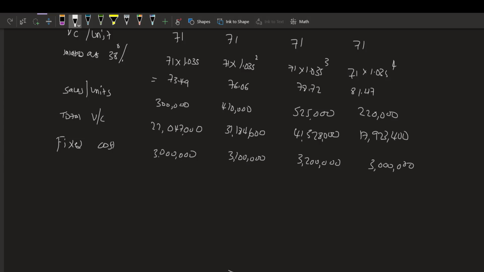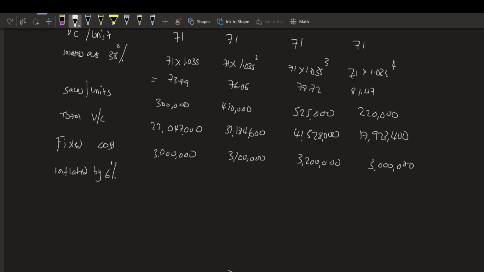Now from there, you can get the fixed cost inflated by 6%. So we will be multiplying 3 million by 1.06 power 1, power 2, all the way to year 4.